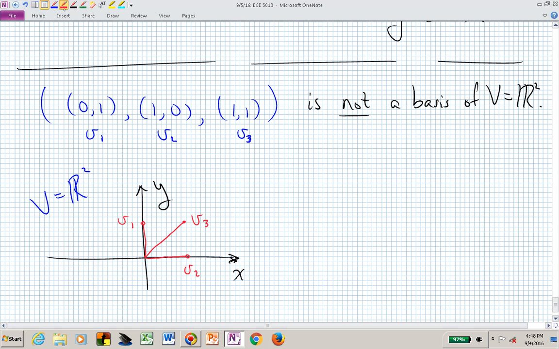And hopefully you can see then that we could express V sub 3 as a linear combination of V1 and V2 with simple weights of 1 on each, and that means then that this list or this set of vectors is actually linearly dependent. This list then is not linearly independent.